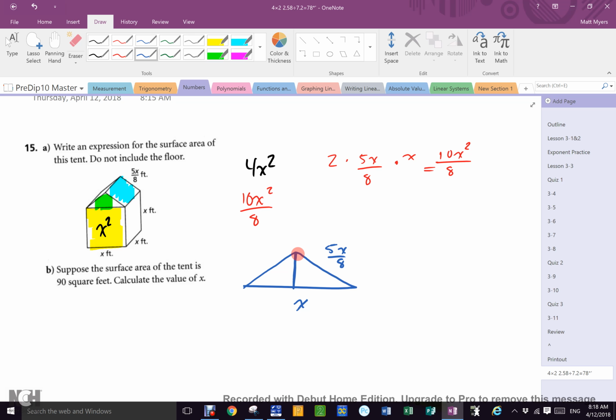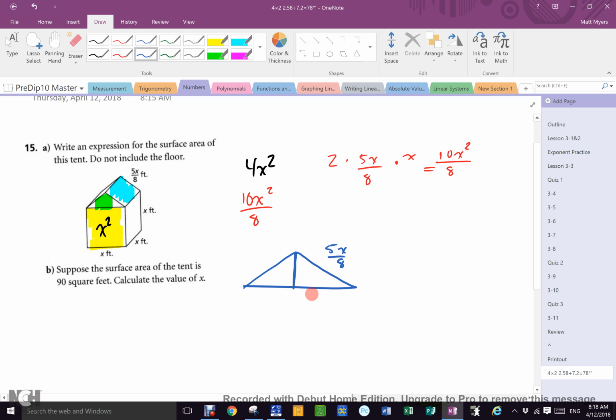Heron, yeah, that's it. Heron's theorem allows you to find the area of a triangle without finding that height. But you still got to do a square root of a fraction, so it's still difficult. I find it's easier just to find the height.